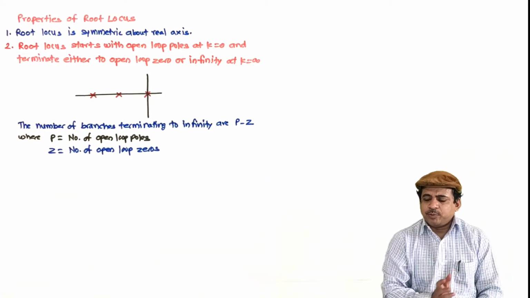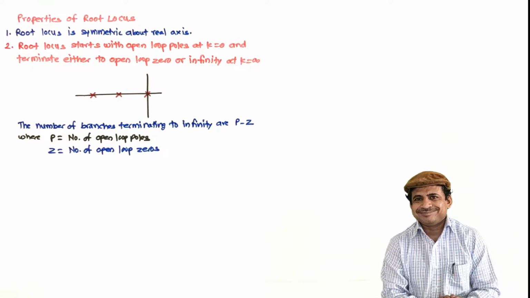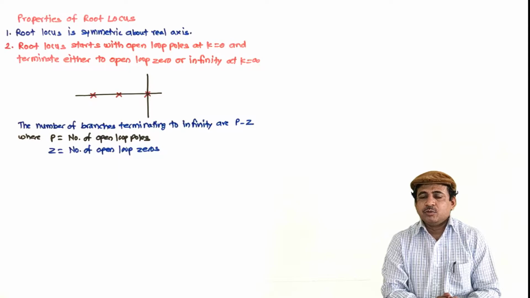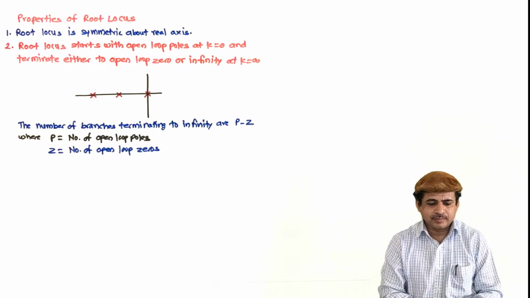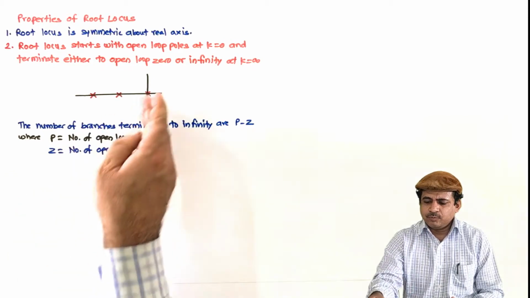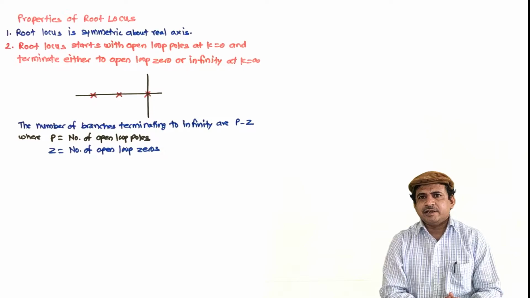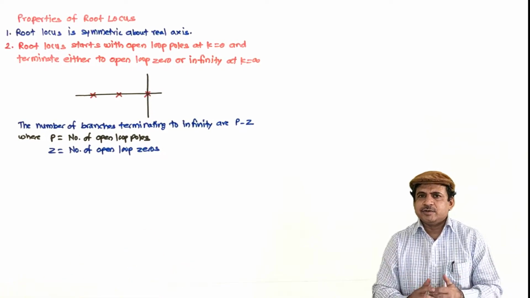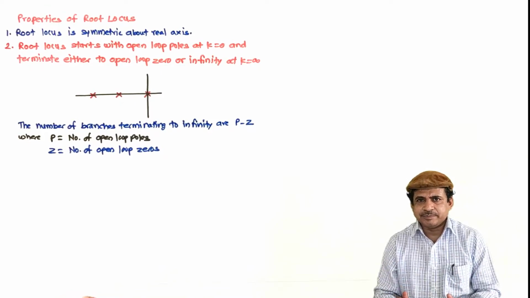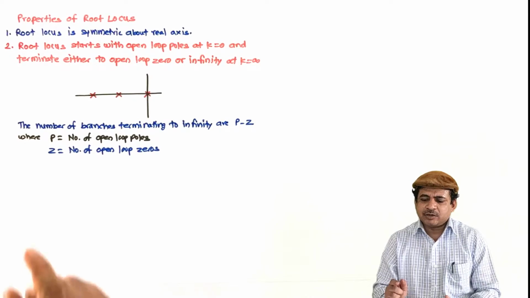So, if you have p poles, out of p, z poles will move to z zeros, and then the remaining p minus z poles will move to infinity. So, moving to infinity, say if this is a circle having radius infinity, on that circle they will be placed at some point when k becomes infinity. But when they start, they are on the real axis.